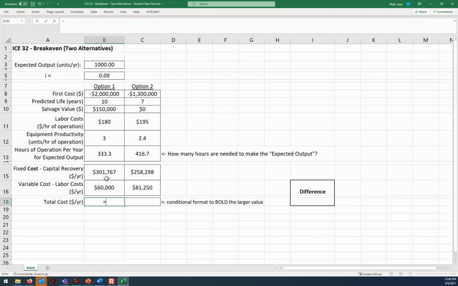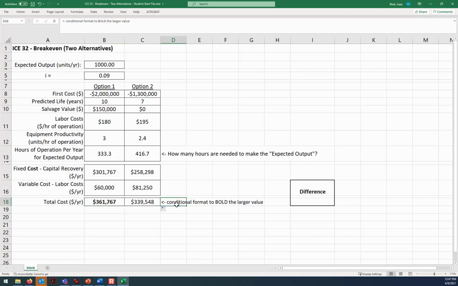So the total cost is the sum of the two. All right, so if we are making 1,000 units per year, then the more expensive option is option 1, and the cheaper option is option 2.